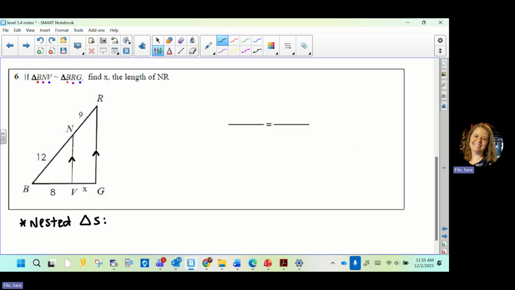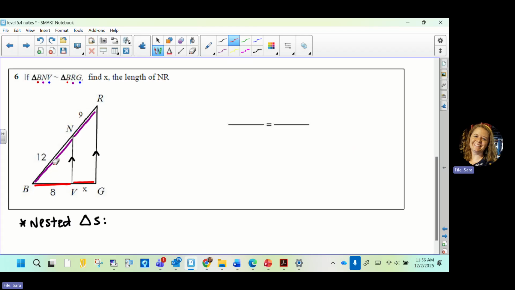splits the sides into two pieces, splits that into BN and NR, and it splits this into BV and BG. And it splits them proportionally to each other.